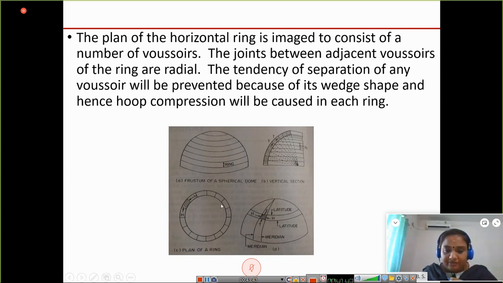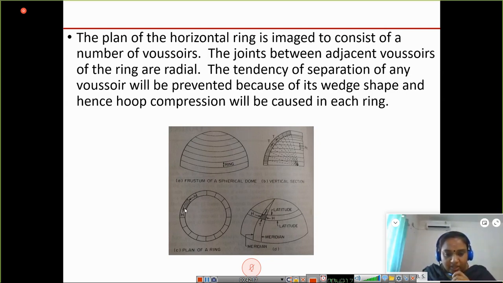This is the plan of a ring which we considered the dome is composed of, and this is one ring. Let this be the ring I'm taking out, and this is the plan of that. Agree? So here we assume that this horizontal ring is imagined to consist of a number of smaller units, right?